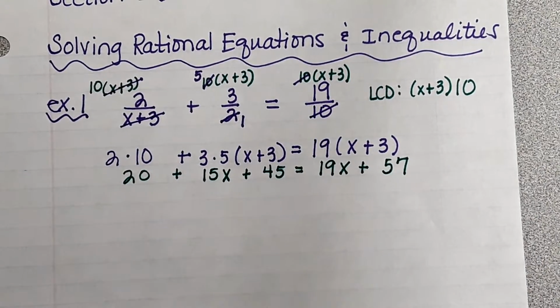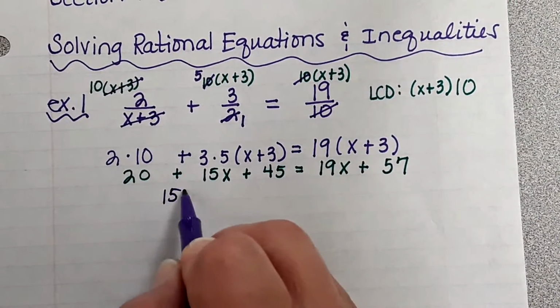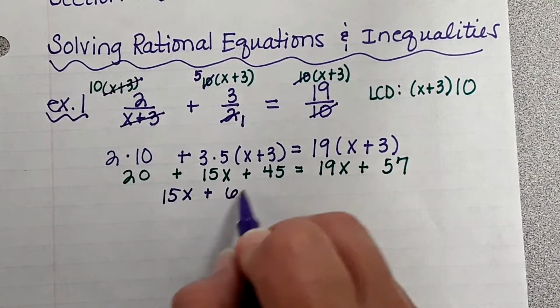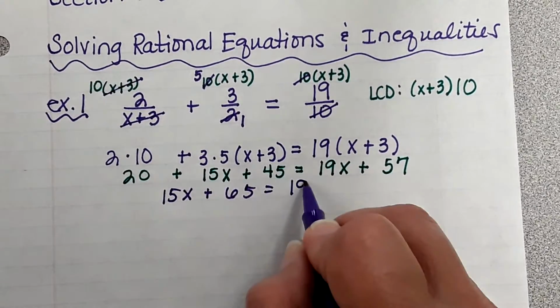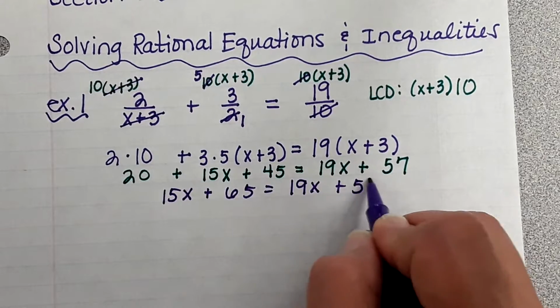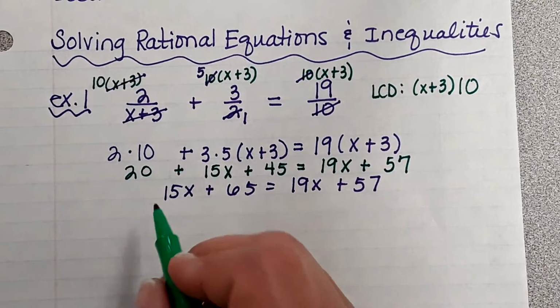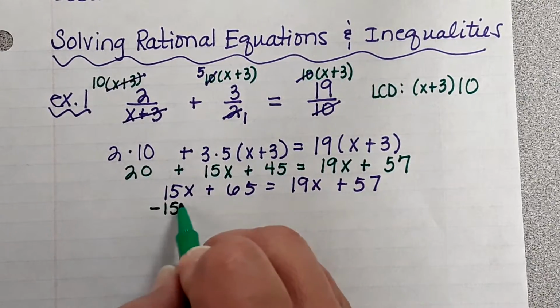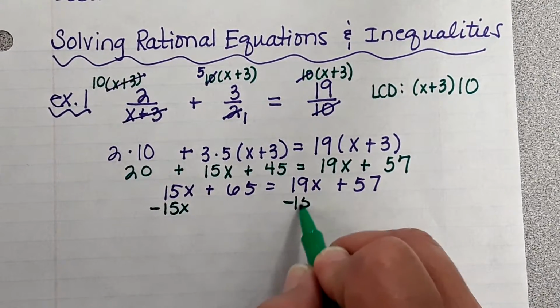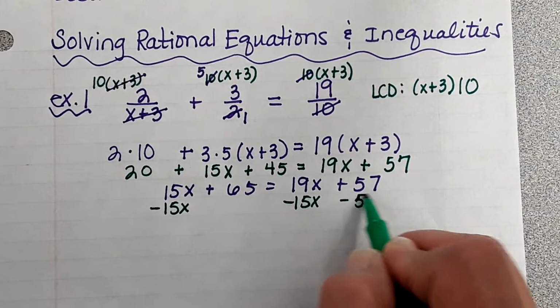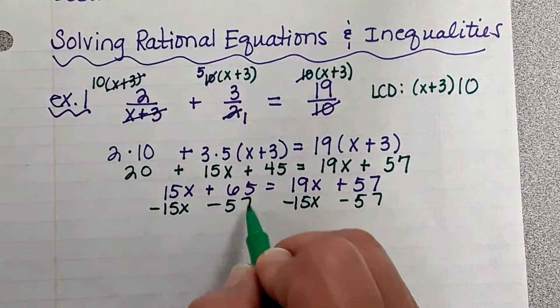Now let's combine like terms on each side. And now, what does it look like? It looks just like an equation that we have like in chapter 1. So I'm going to move the 15x over to the 19x side. I'm going to move the 57 over to the 65 side.